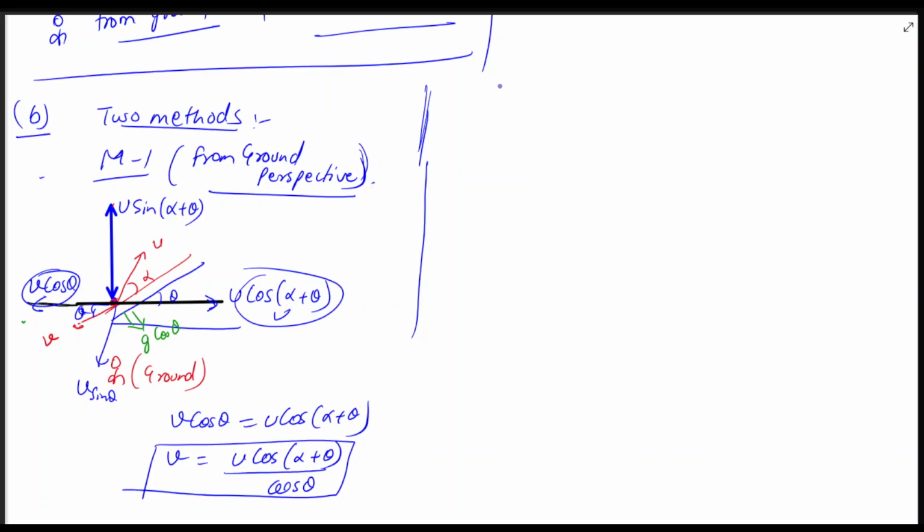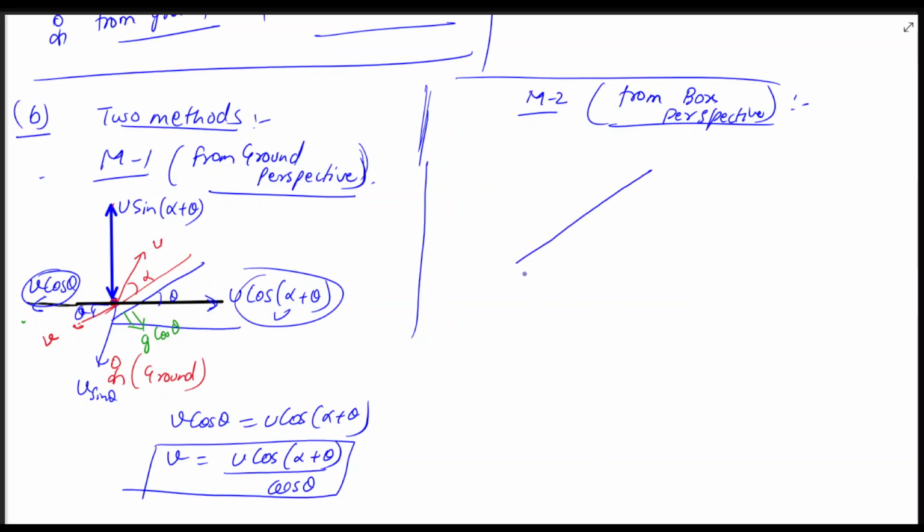Now let's move on to our method 2, which we are going to solve from the box perspective. Okay, let's solve it. Now look, let me make a diagram.